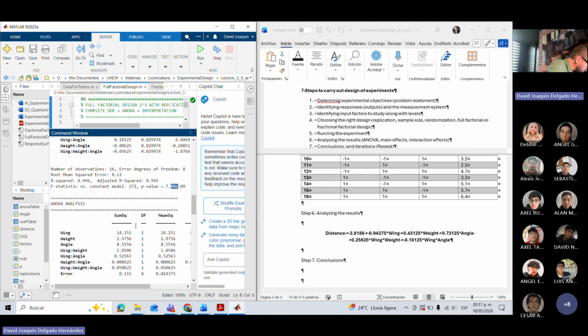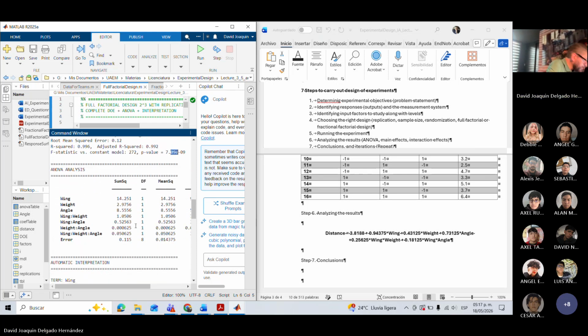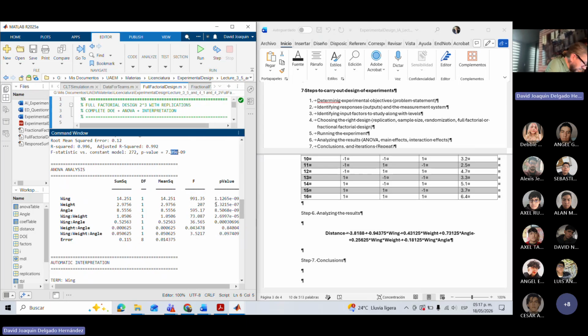Let us now continue with the ANOVA. So in the ANOVA, again, you can look at the p-values here, and you can see that all of them, both the last two, are important for the model. So that means that these variables and their interactions help me to explain the distance of the airplane.